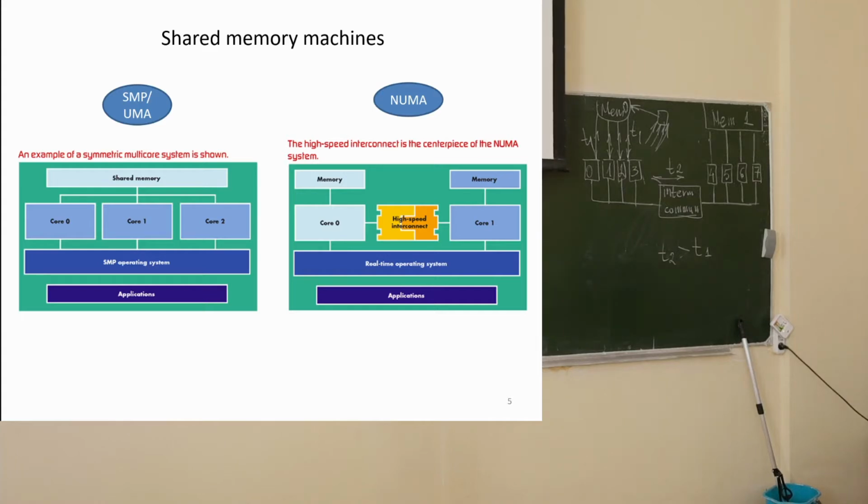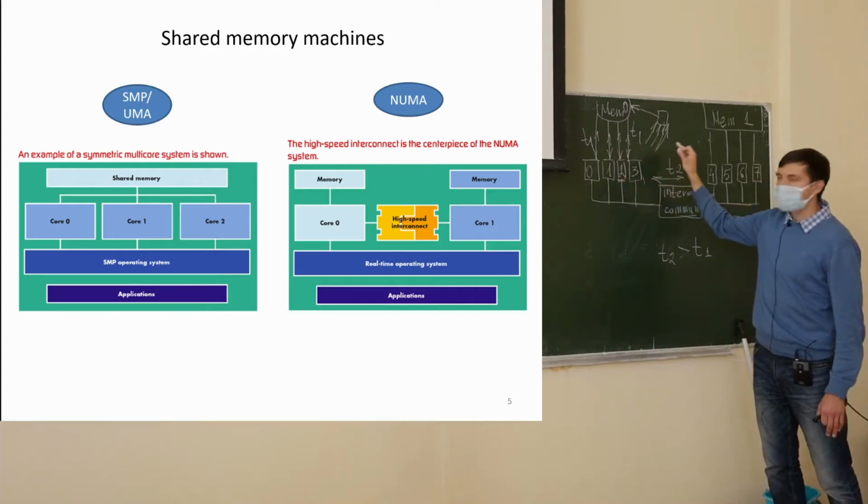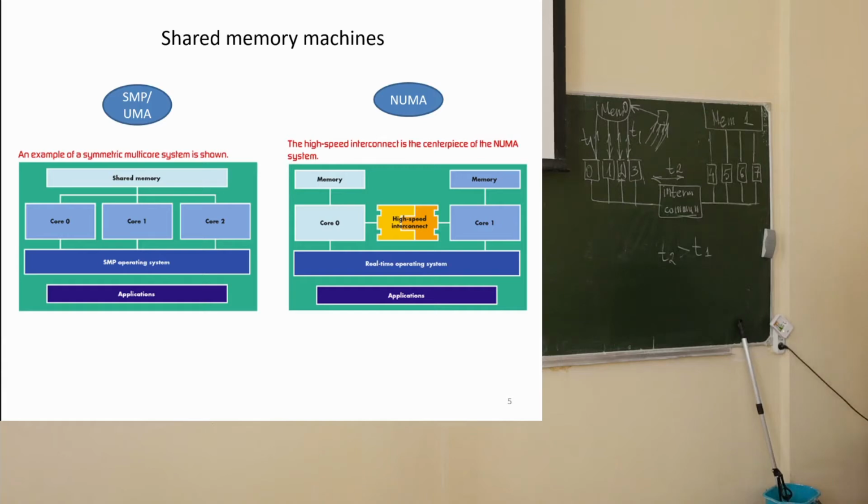In general, the result of their work will not be good or will not be right, because every core does not know about the other cores. What are the other cores doing with this cell?